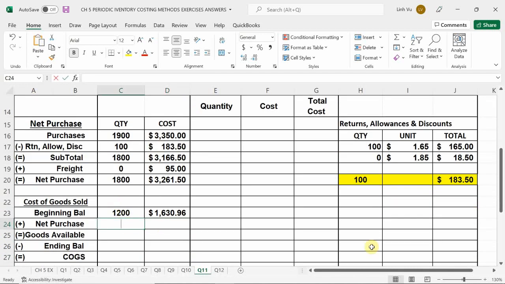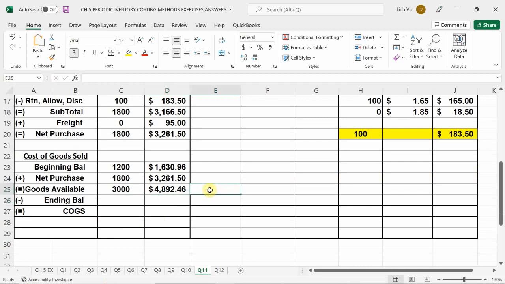And we're going to carry down our net purchases from above to get our total goods available. So how many items do I have right now? 3,000 at a total cost of $4,892.46.